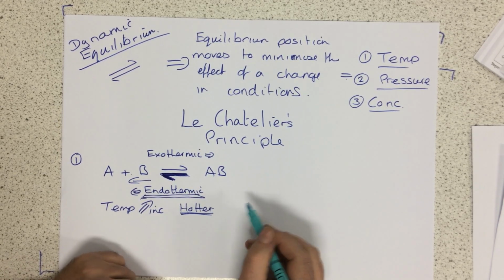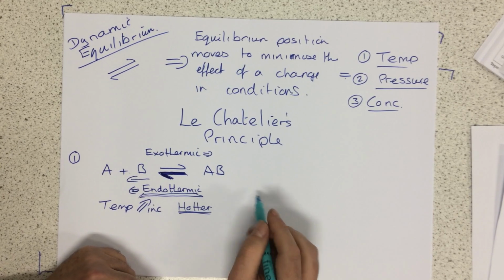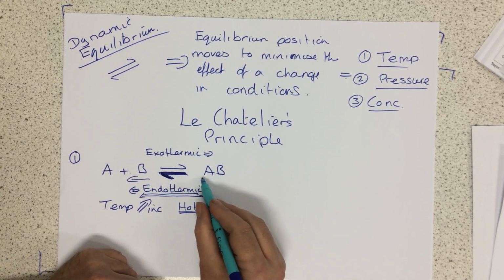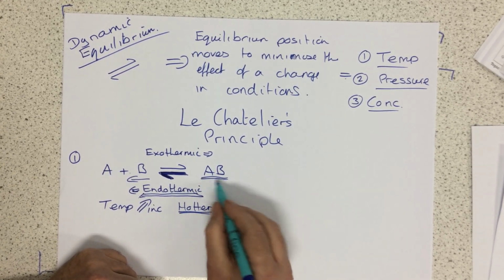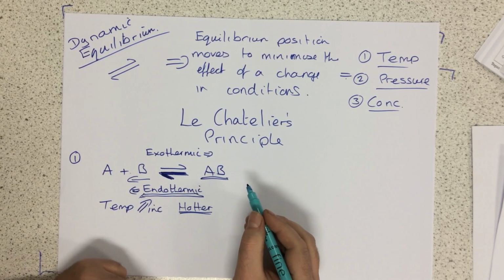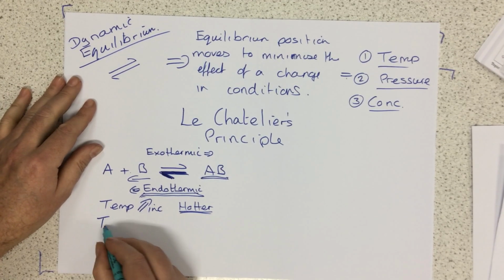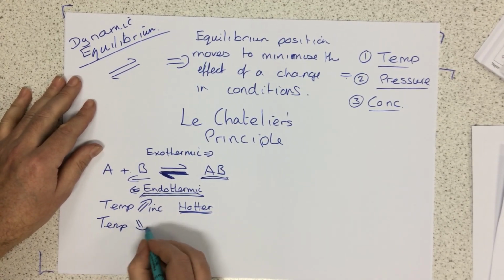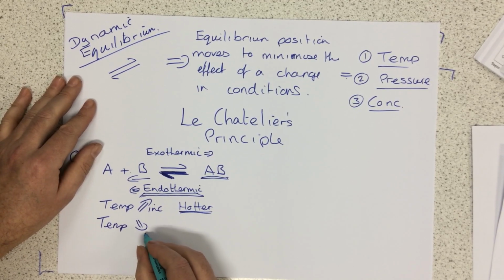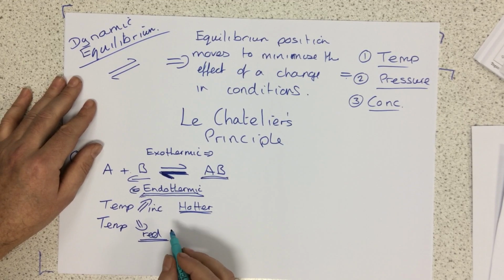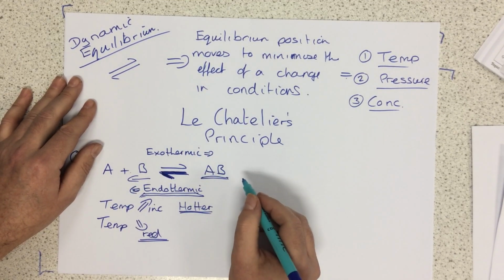Now, for us as chemists, in this case, that would not be very useful, because if we're doing this reaction at all, we probably want to promote the actual product that we're making. So if we wanted to do this, we would reduce the temperature, in other words, cool it down, and the reaction will try to do the opposite of that.